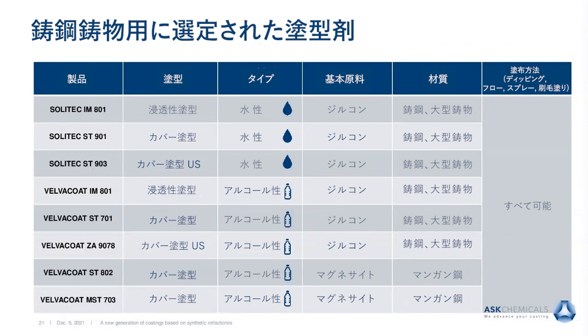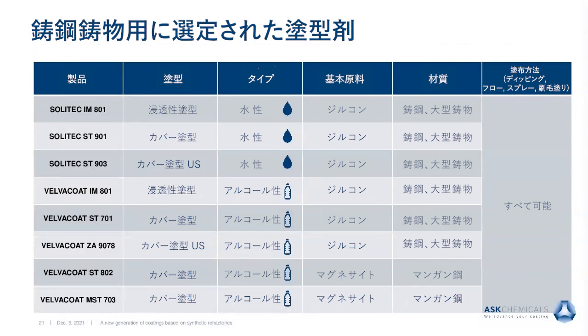To show you the portfolio of the Zircon-based coatings we have in our company, there's Solitec IM801. This is an impregnation coating based on water and Zircon. We have a cover coating ST901. And then in the States, we have the ST903.